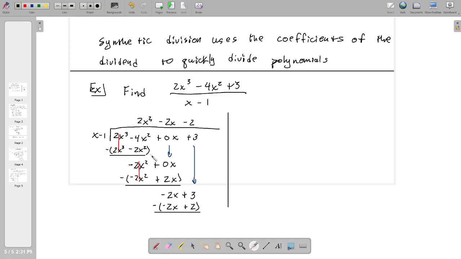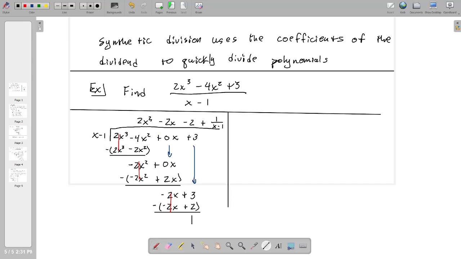It helps to write parentheses to remind yourself to distribute your negative. So here, this negative needs to distribute to both because the parentheses are here. Negative 2x minus a negative 2x is 0. 3 minus 2 is 1. So our remainder will be 1 divided by our divisor here, x minus 1.